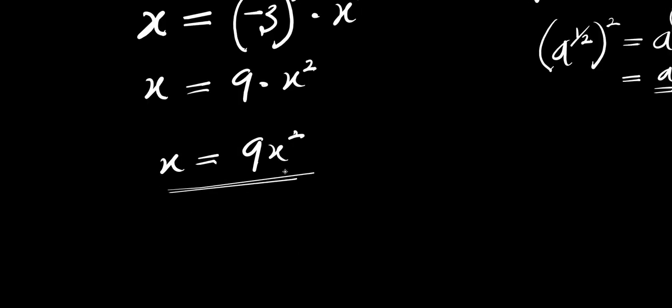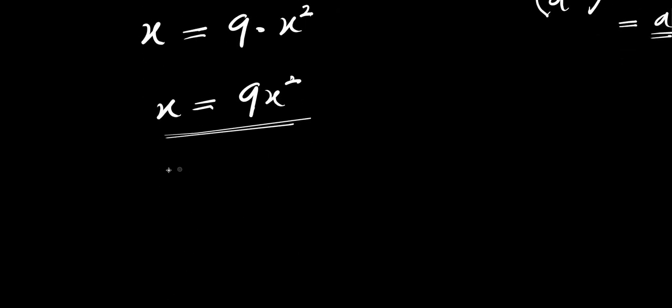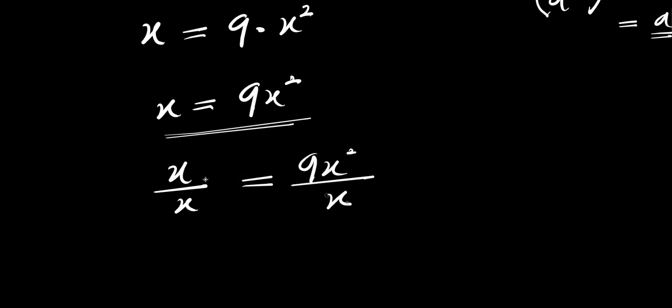So we can decide to divide each part of this equation by x. X divided by x, I have 1 equals 9x squared divided by x, we have 9x because this is to the power of 1. 2 minus 1, that is 1. Because the bases are the same, you subtract the exponents.